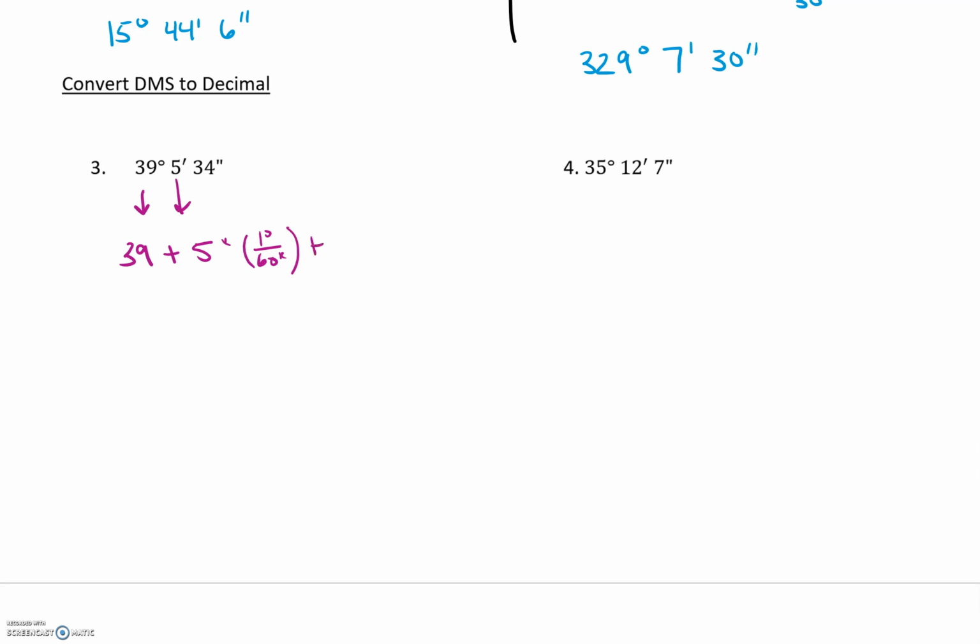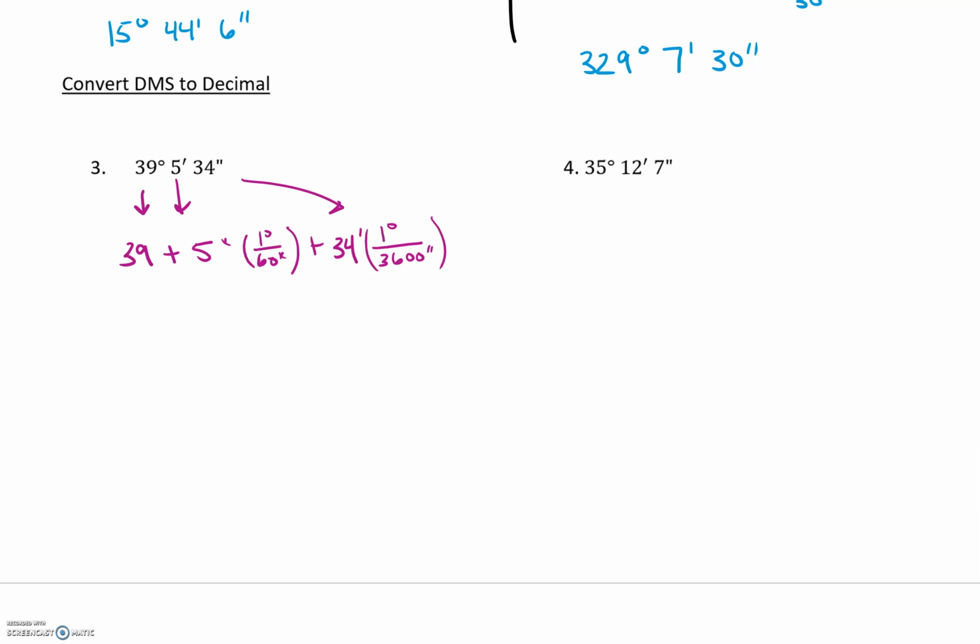Then I'm going to add 34 seconds. I want degrees, so degrees goes on top. How many seconds are there in a degree? Well, there's 3,600 seconds in a degree.